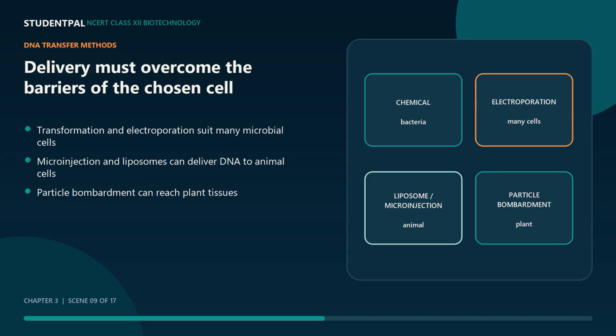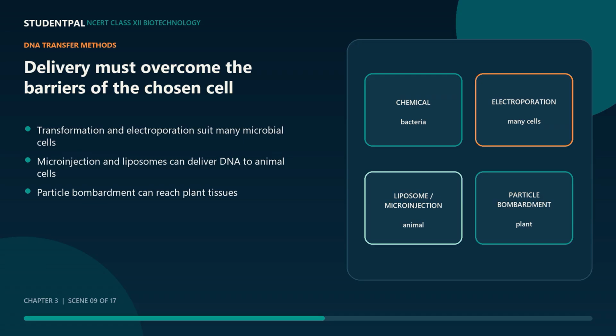DNA transfer methods solve different physical and biological barriers. Chemical transformation can make bacterial cells competent to take up DNA, while electroporation uses a controlled electric pulse to create temporary membrane permeability. Conjugation transfers DNA through cell-to-cell contact.